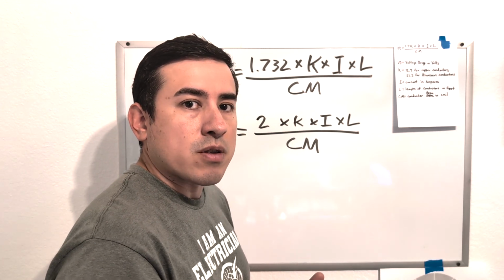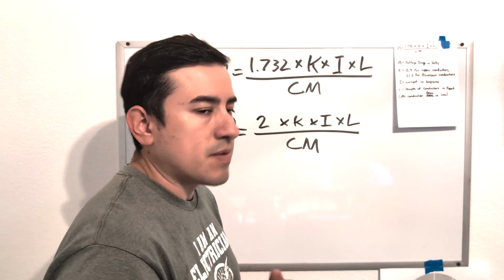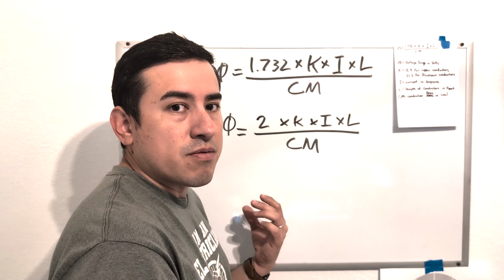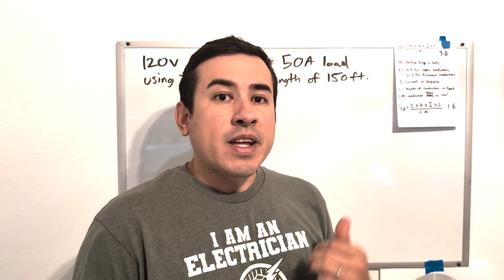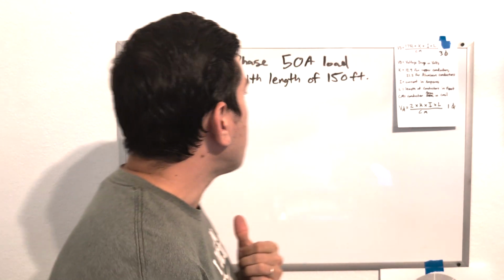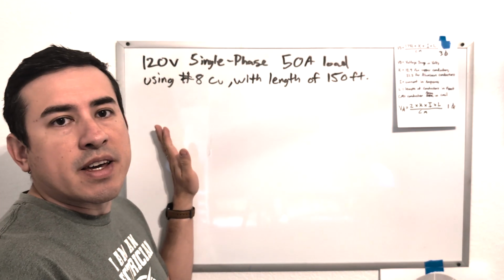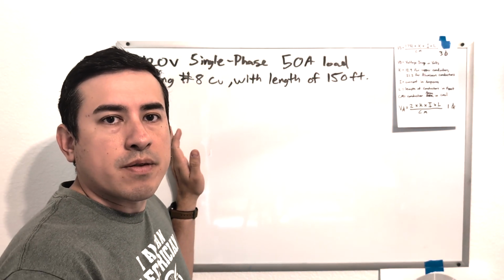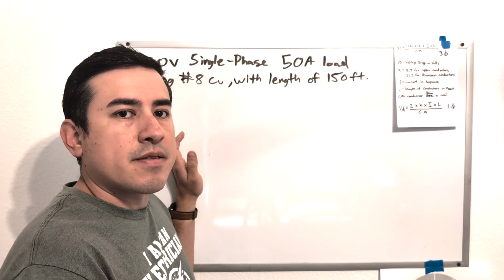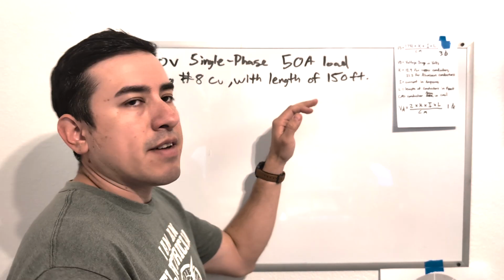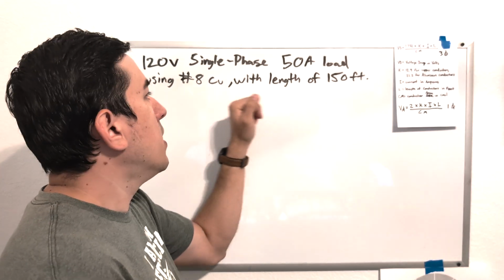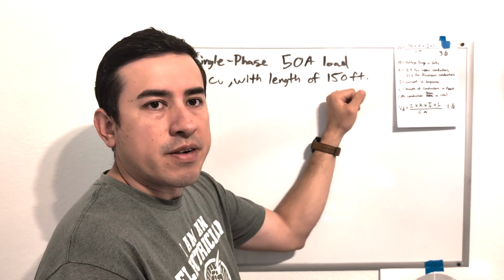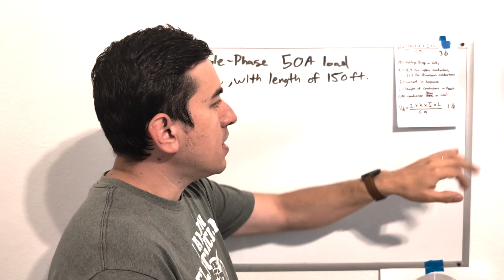So we'll go ahead and work through a couple of examples to get you familiar with how this works. Let's take a look at this example that I wrote on the board real quick. We have a 120 volt single phase circuit. It's going to have a 50 amp load using number 8 copper with a wire length of 150 feet.